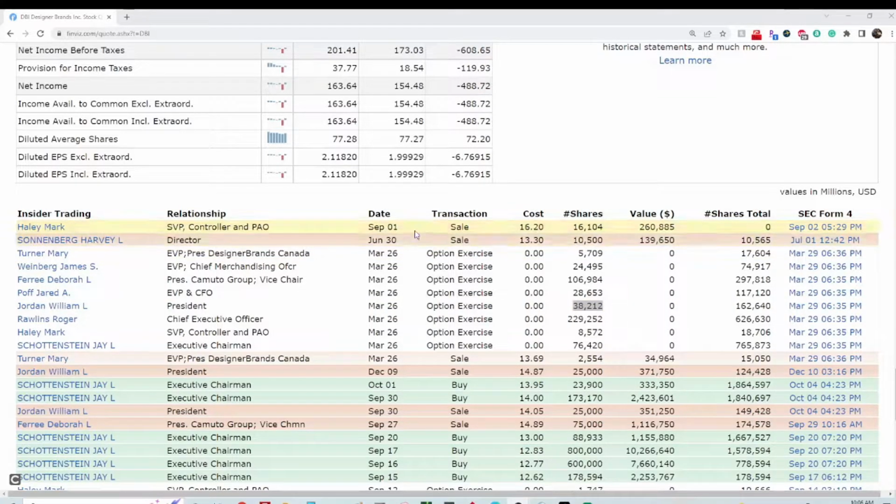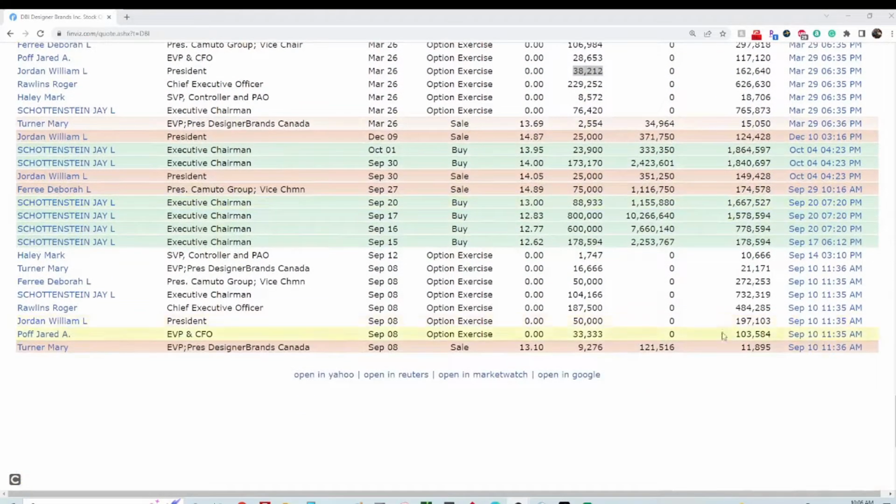And it looks like Mark Haley sold out a couple days ago. Sold all 16,000 shares. Cool. Let's see. Mark Haley, so he had about 18,000 shares total. So yeah, I don't know how it goes from 18,000 to 16,000, but I don't know if that's a pattern.